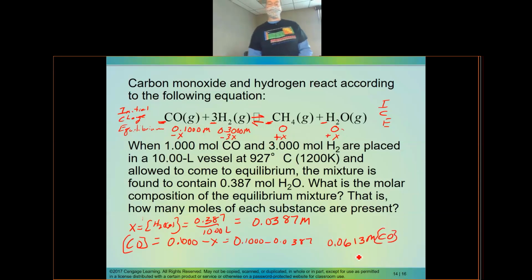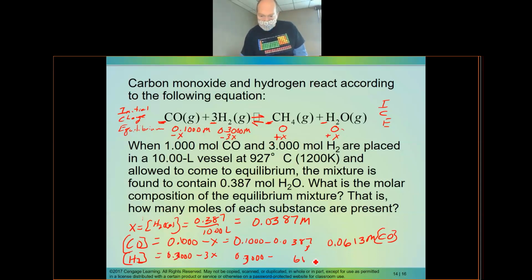So we have our CO concentration at equilibrium. It is 0.0613. All right, we have our H2 concentration, which is 0.300 minus 3x.